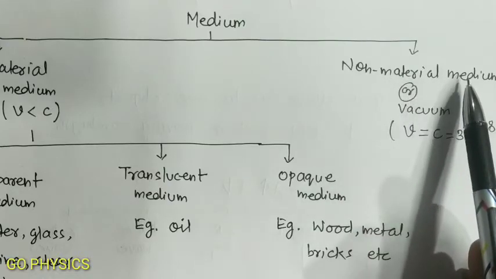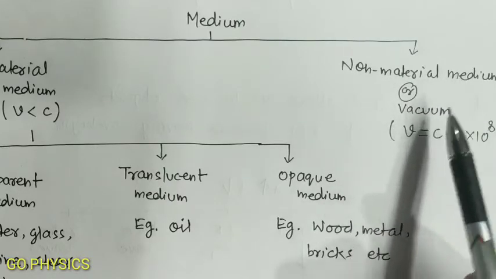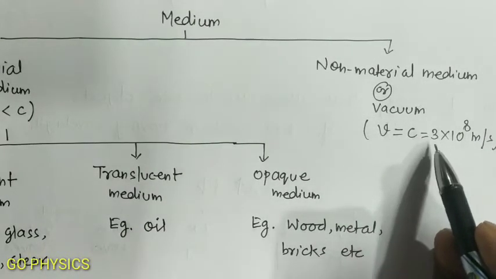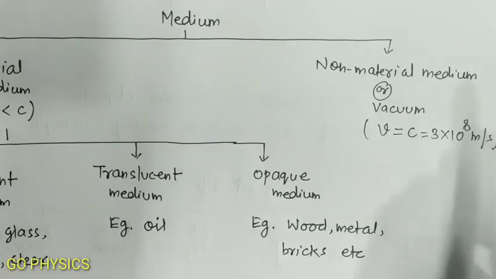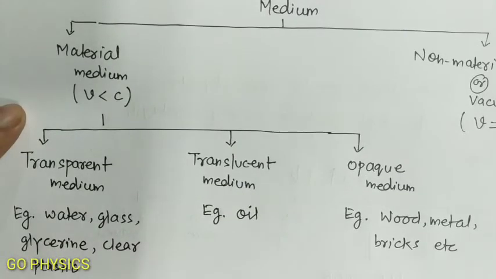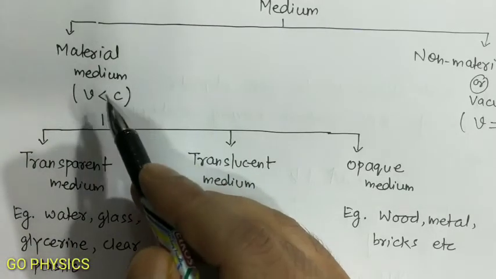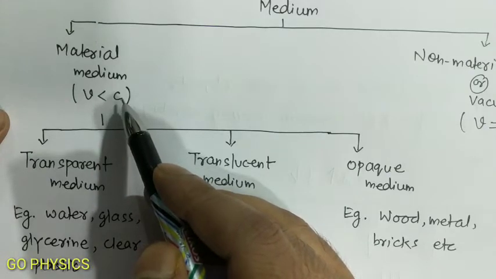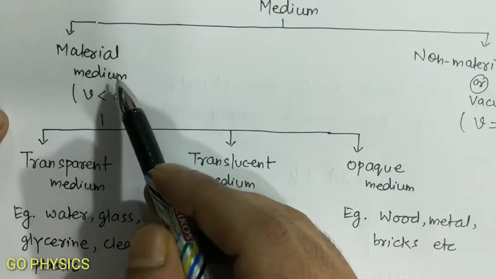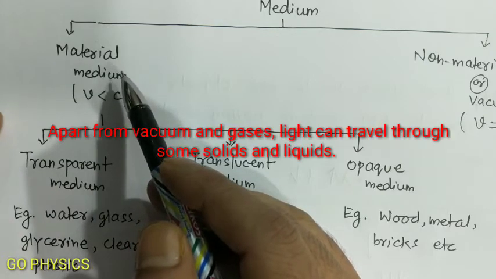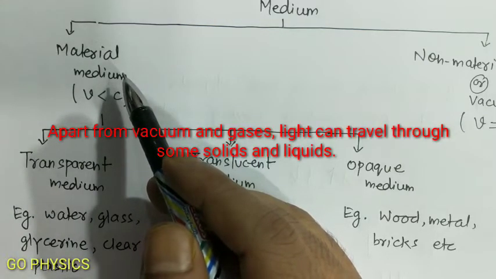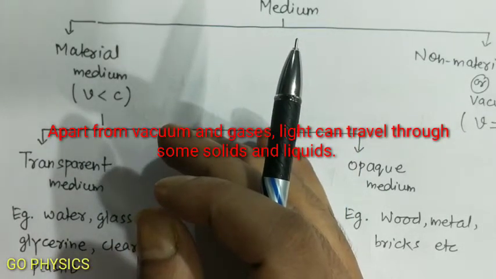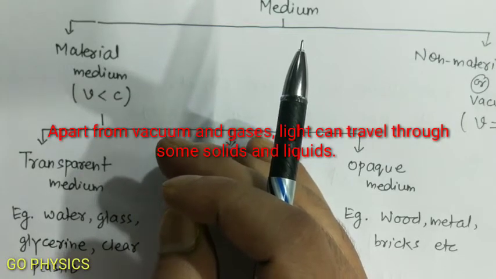Non-material medium can also be called vacuum, and in vacuum light travels with a speed of 3 into 10 to the power 8 meter per second. But in a material medium, the speed of light is less than 3 into 10 to the power 8 meter per second. Light cannot travel in all kinds of material medium. Light can travel in certain kinds of material medium, that is, in certain kinds of solids and liquids.